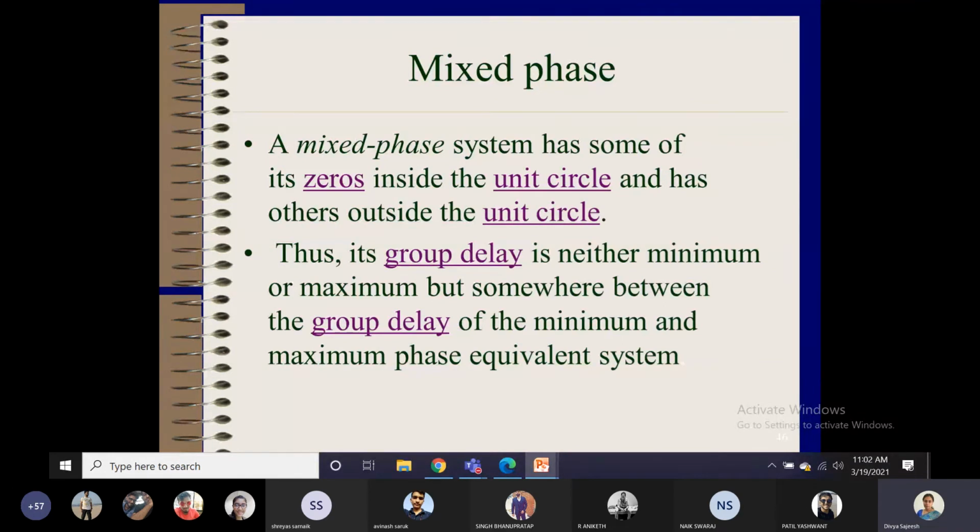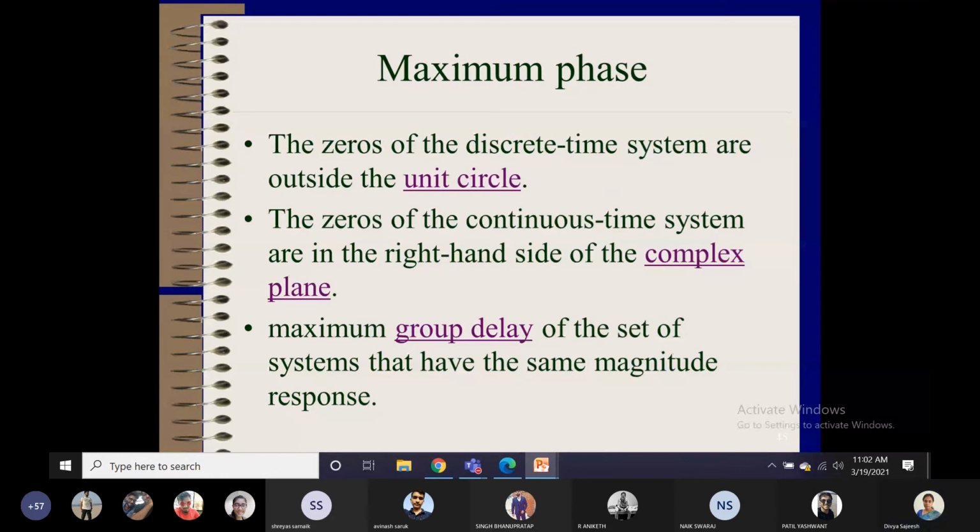Okay, so there is a delay happening while the signal is passed through this kind of system. If it is a minimum phase system, the delay will be minimum for the signals, and maximum for the maximum phase system. There are different phase delays and group delays. Group delay is of the envelope or the carrier of the signal. That is the delay caused due to that.